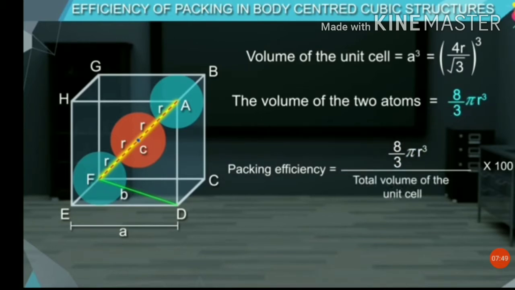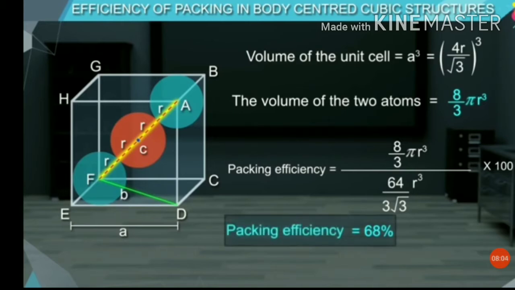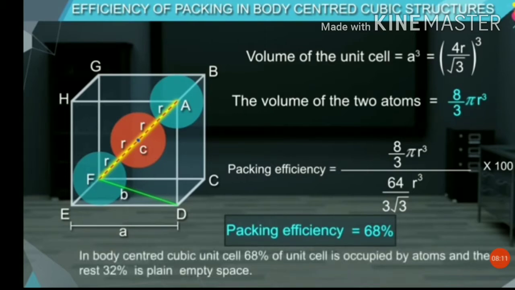Then substitute the values. 8 by 3 pi r cube divided by 64 r cube by 3 square root 3, into 100. Then we get the value 68%. That is, the packing efficiency of BCC lattice is 68%.